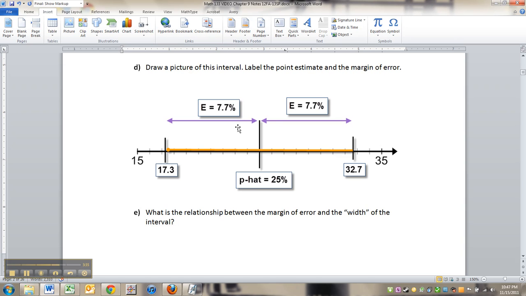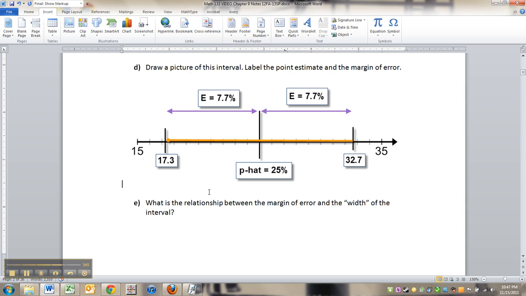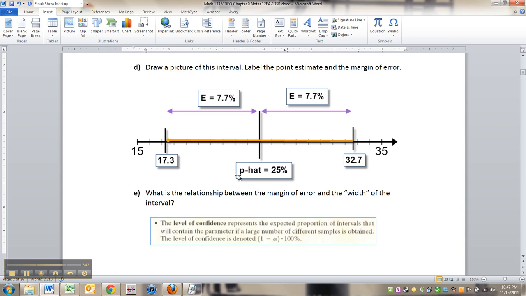Notice there are two of them, one on the left and one on the right, and together they give you the width of the interval altogether. So another way to think about a margin of error is that it's half the width of the interval. So there we go: point estimate labeled, error labeled. Notice the confidence interval is labeled, and it's every single number from 17.3 all the way up to and including 32.7.